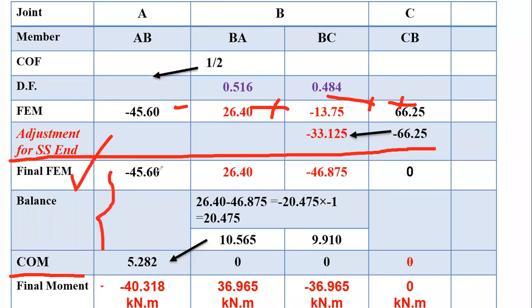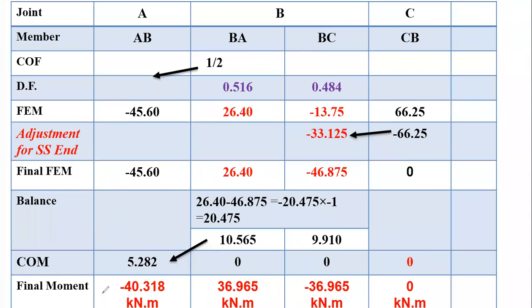So here it will be minus 45.60 plus 5.282, so the moment will be minus 40.318. This is for MAB. Next for MBA, it will be 26.40 plus 10.565, so the summation will be plus 36.965.